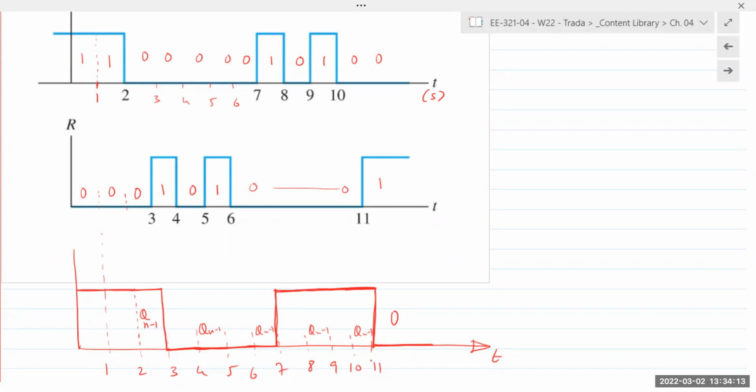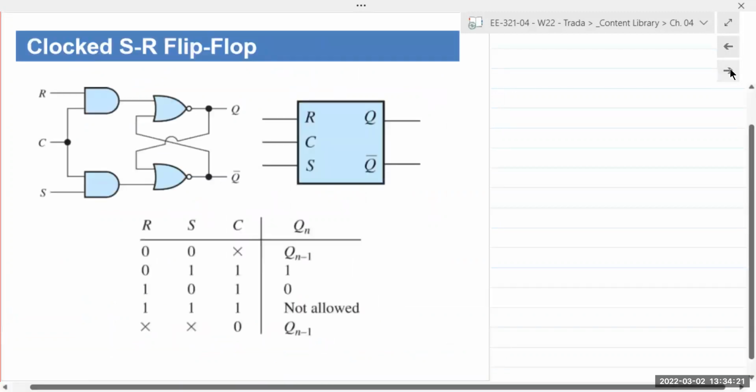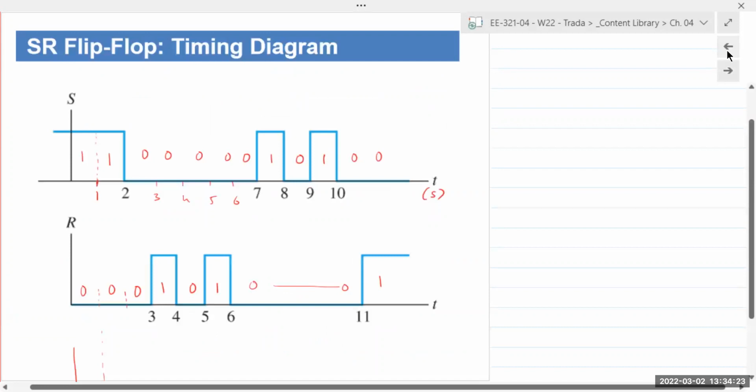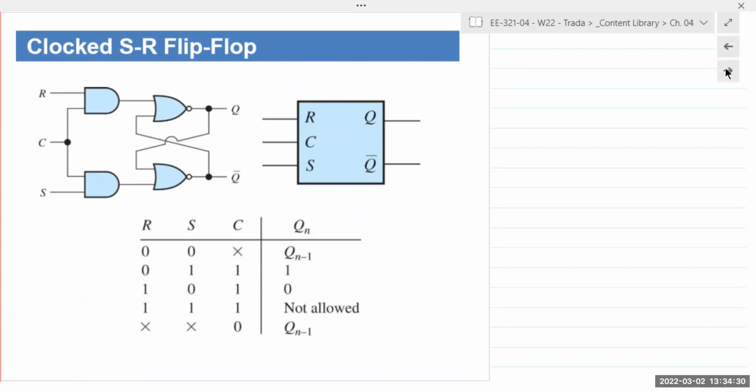So notice that I kept talking about clock inputs, clock, right? It's not synchronized. And so we have what is known as a clock input signal to synchronize both gates at the same time.